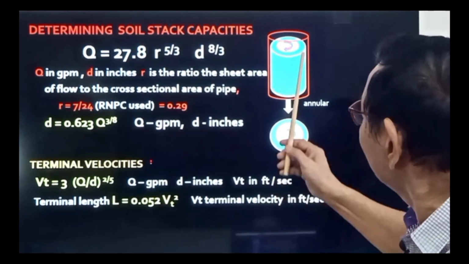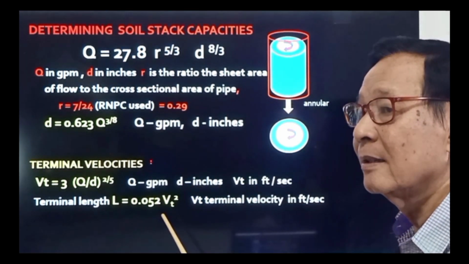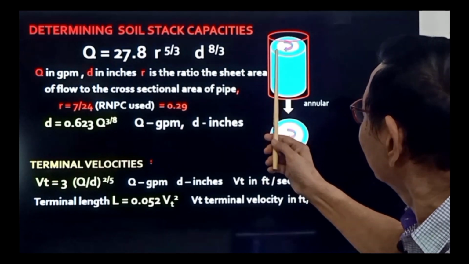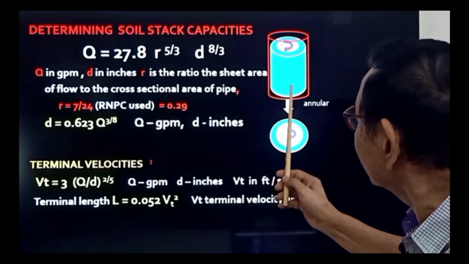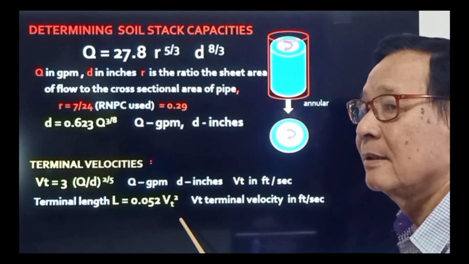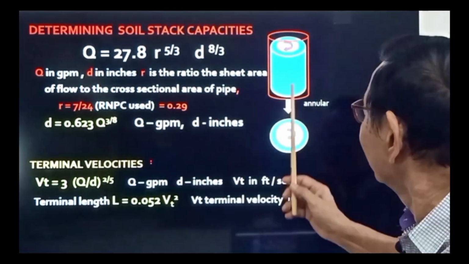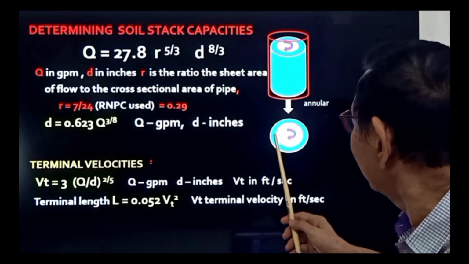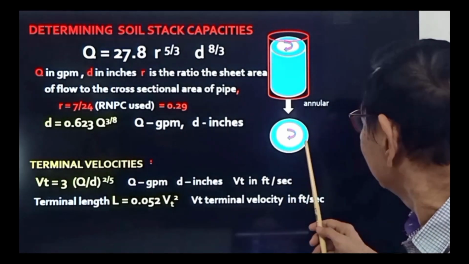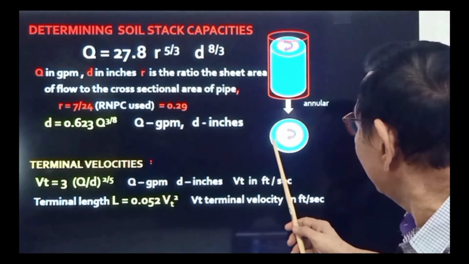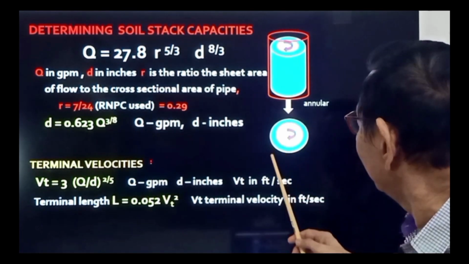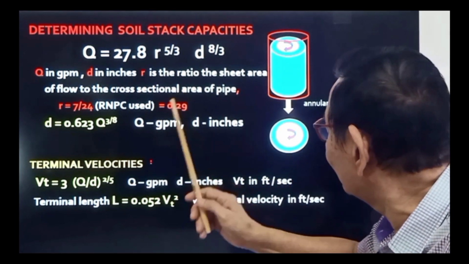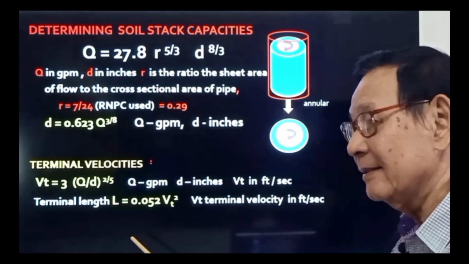This is a phenomenon. Because there is a form of an annular ring, the equivalent value for this blue one compared to the area of the pipe, the design used is 0.29, or 29% only.